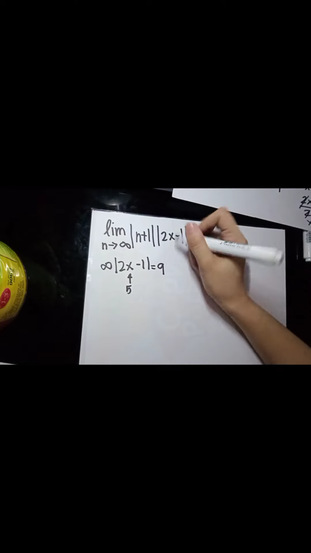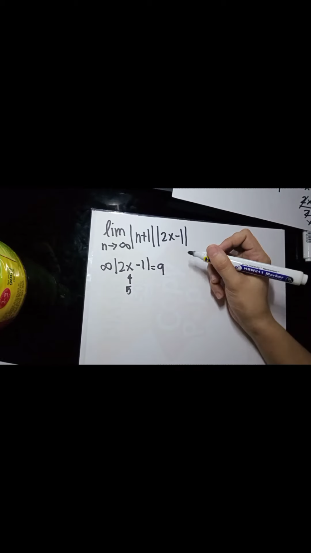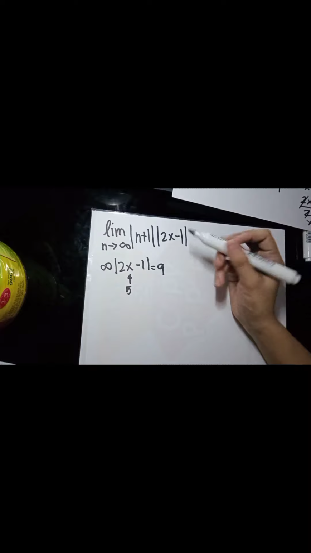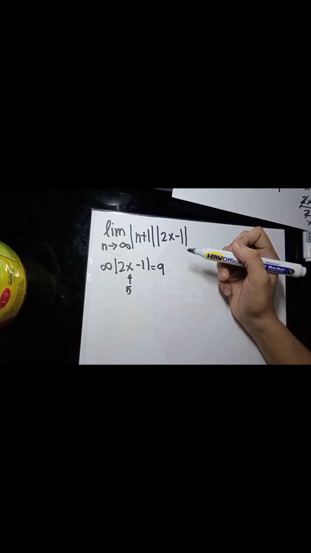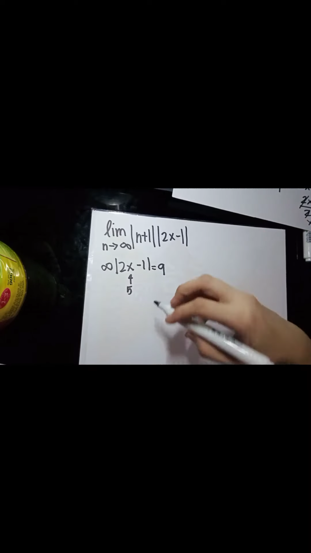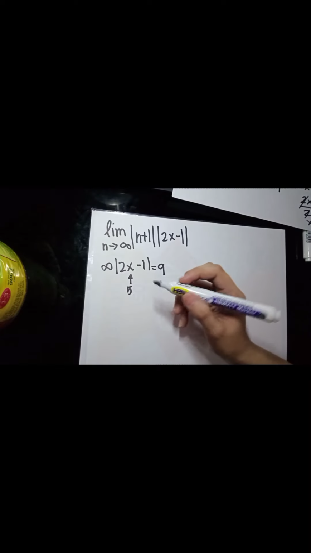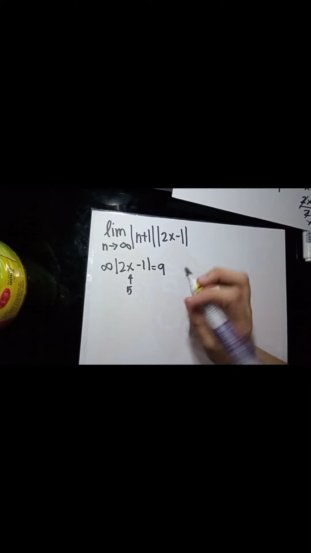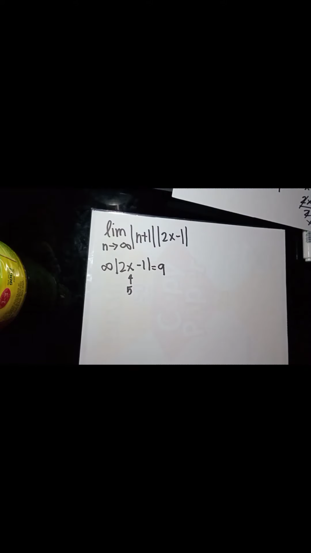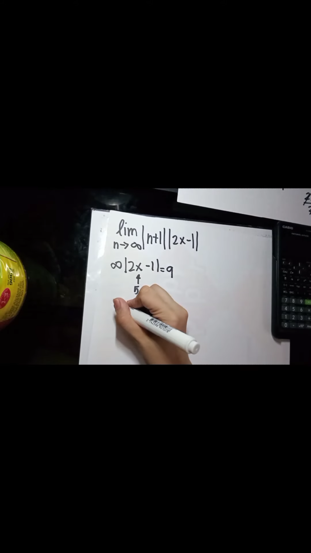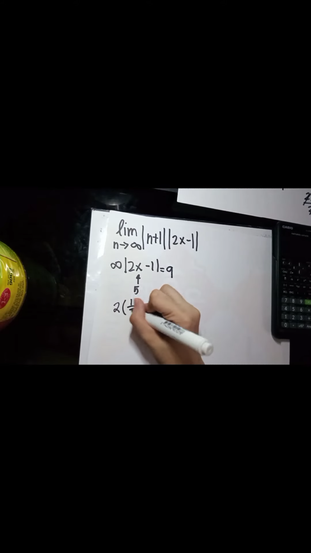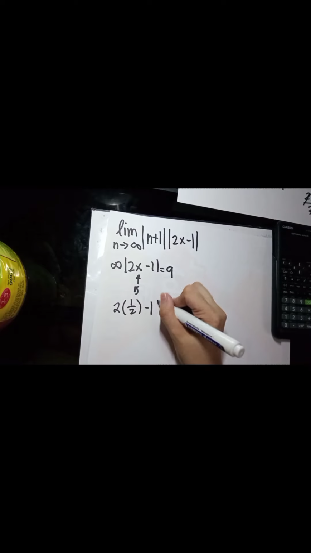So what happens when x is 1/2? Well, if you plug 1/2 into this expression, 2 times 1/2 minus 1 will be equal to 0.